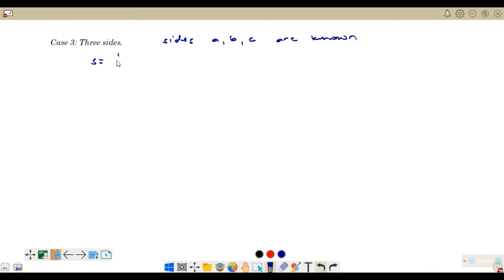S, that is 1/2 of the perimeter, A plus B plus C, and the area is equal to the square root of S times S minus the first side times S minus the second side and S minus the third side. Yan lang po ang ating value ng area.